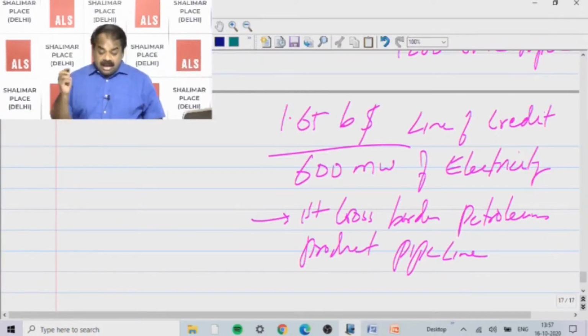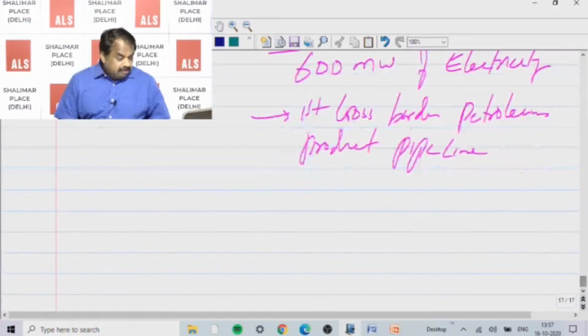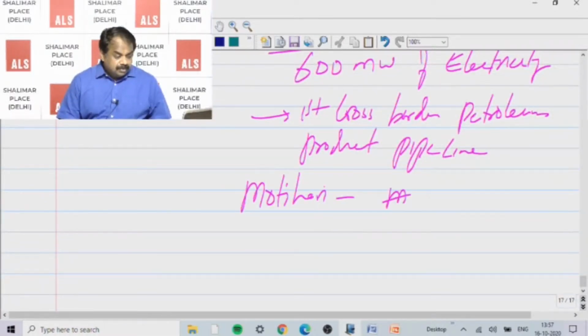It is from Motihari in India to Amelganj.